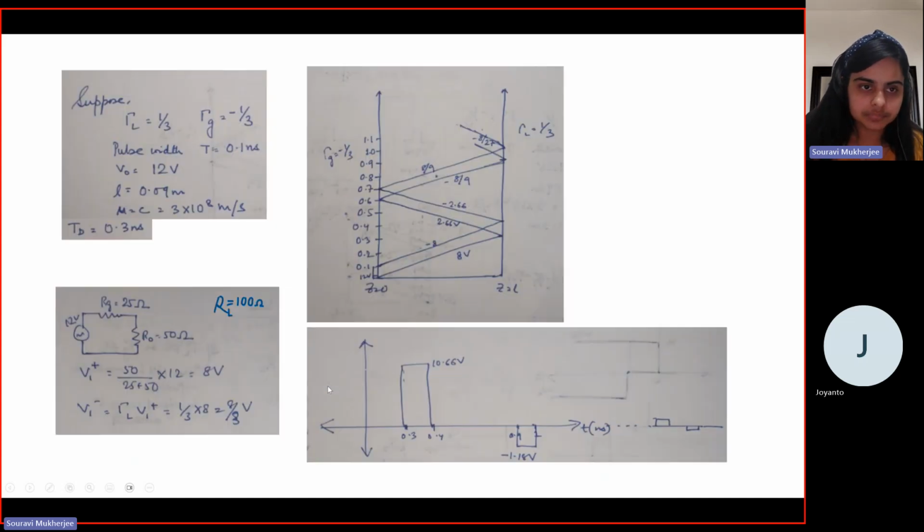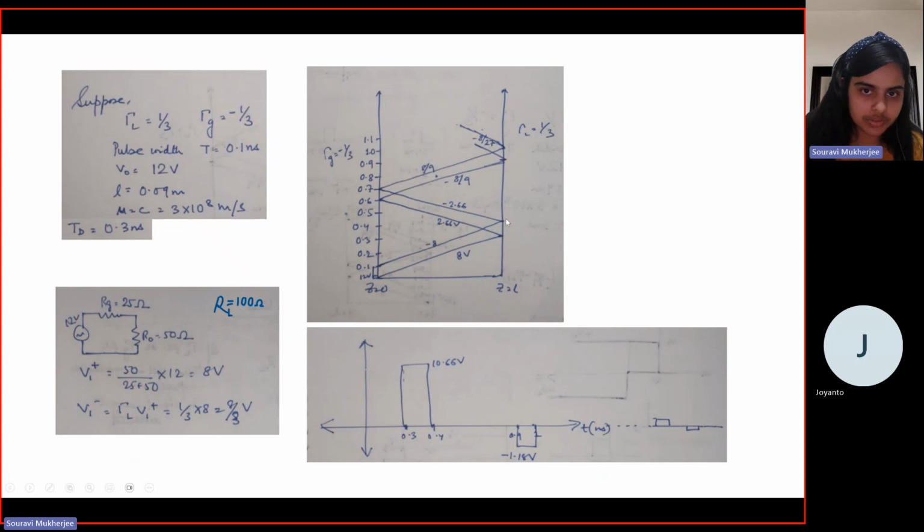So at 0.1 nanosecond, a minus 8 volt starts, and effectively you have a pulse. When the minus 8 volt starts, it will again take another 0.3 nanosecond, so it reaches the load at 0.4 nanosecond, and this is minus 8.